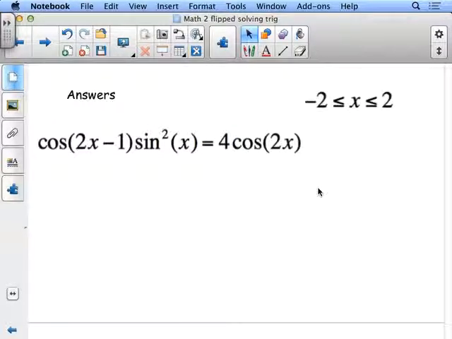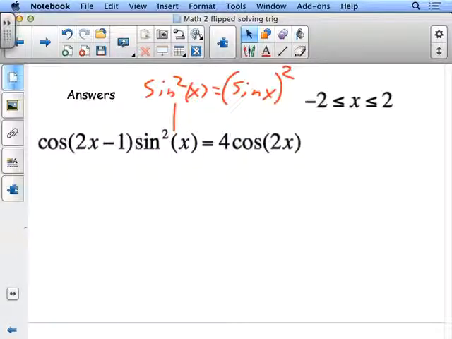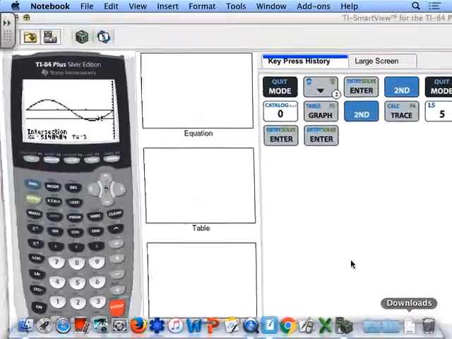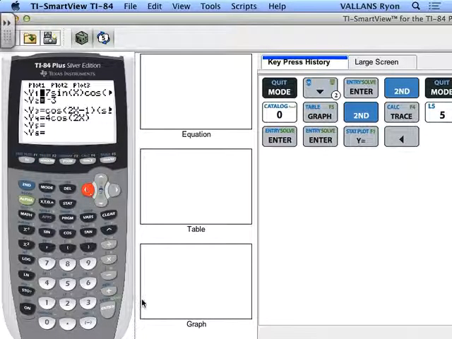Okay, solution to this one. First thing I want to make sure is that you understand that anytime I write sine squared x, this is the same thing as sine x, all squared. Okay, now back to our calculator. Go y equals, unhighlight that.